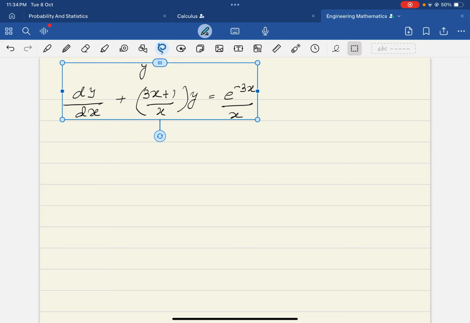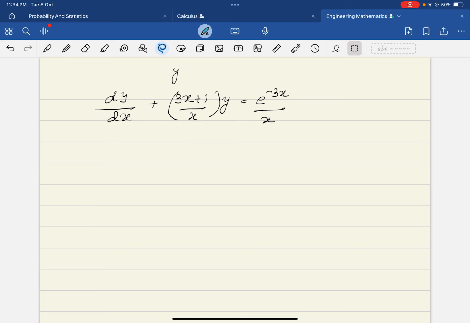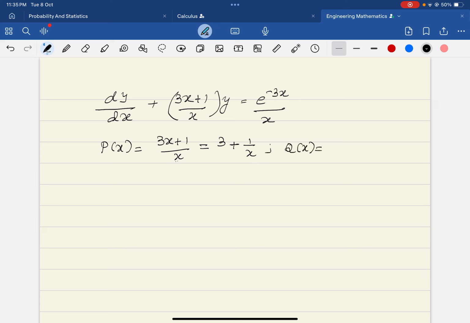Now it is in the proper form. What is p of x? It is (3x plus 1) over x, which is 3x by x plus 1 over x, that is 3 plus 1 over x. Next, what is q of x? Q of x is e raised to minus 3x over x.